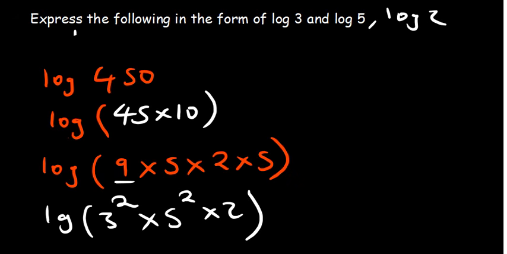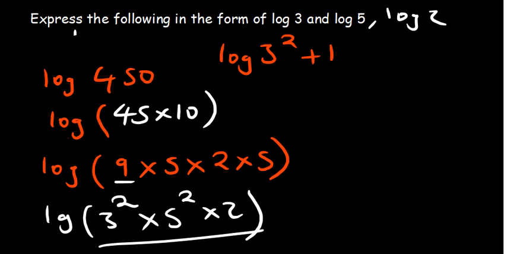So what we can do at that stage is we can distribute the log. Whenever you're dealing with multiplication, it is going to be log 3 to the power 2 plus log 5 to the power 2 plus log what? Log 2. That's what we have in such a case.